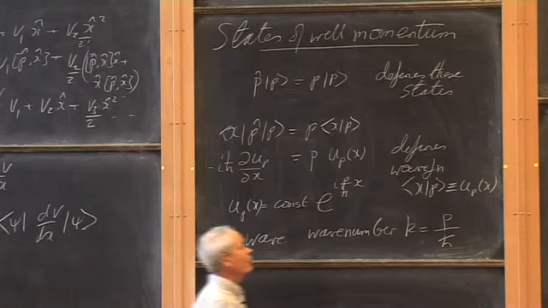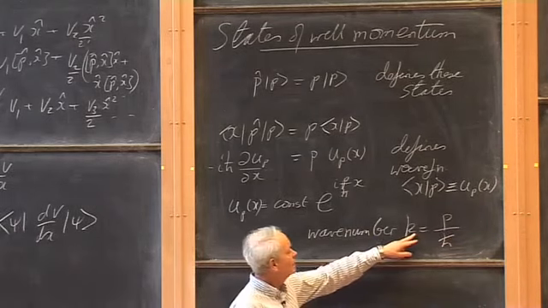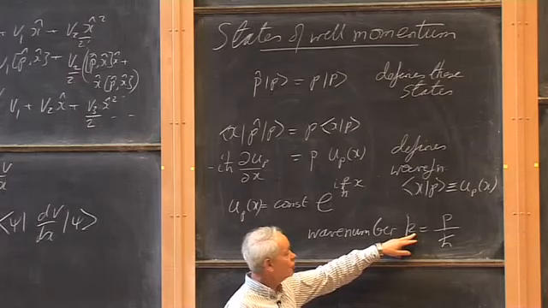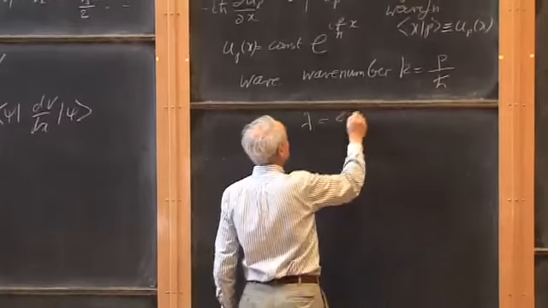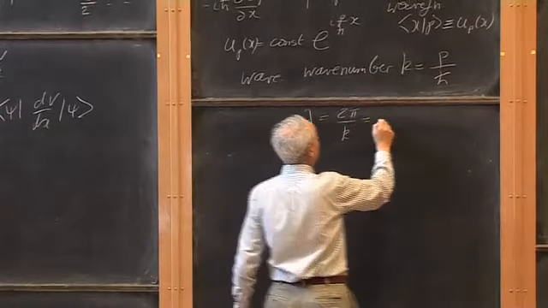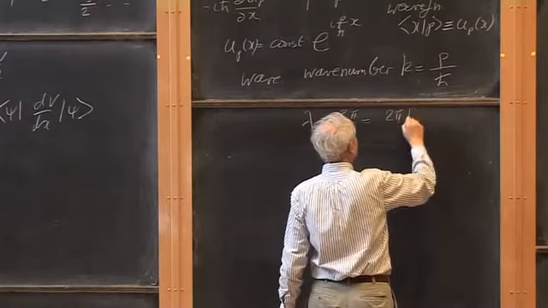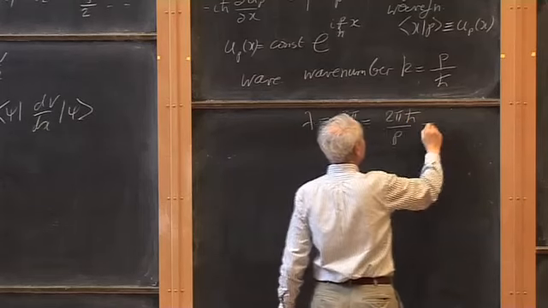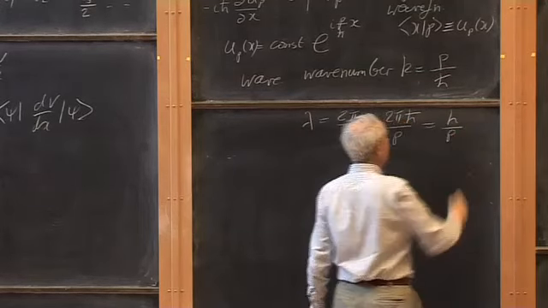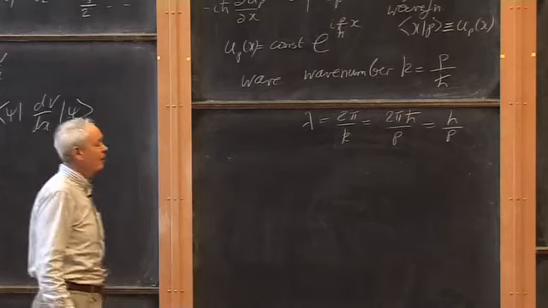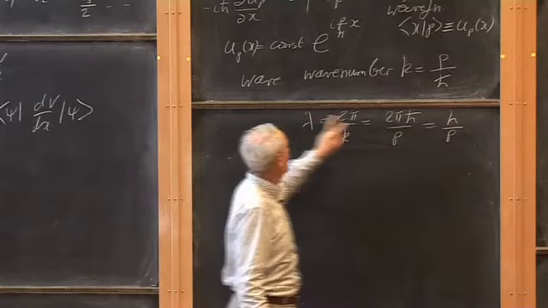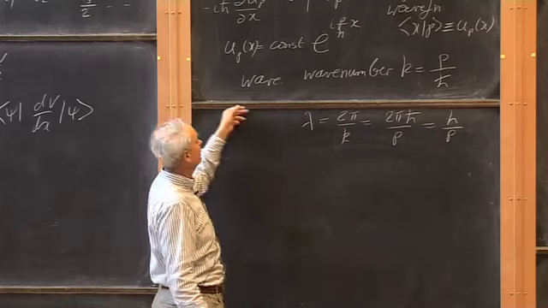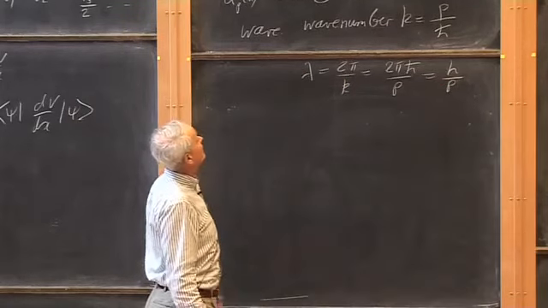Because h bar is incredibly small, typically this wave number is extremely large. And the wavelength, lambda, being 2 pi over k, is 2 pi h bar over p, which is h over p, and is going to be very small. The bigger the momentum, the smaller the wavelength. That's obviously crucial for physical applications.